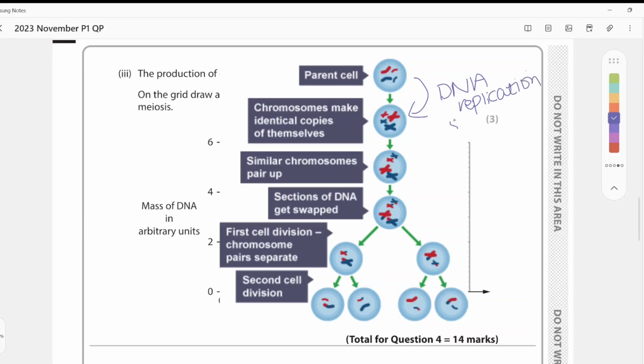Right, so you're doubling the amount. And then it swaps bits of the DNA with each other. And then afterwards, there is a cytokinesis event, right, where the mass of DNA would halve, and then another event in which it would halve again to form 4 daughter cells.